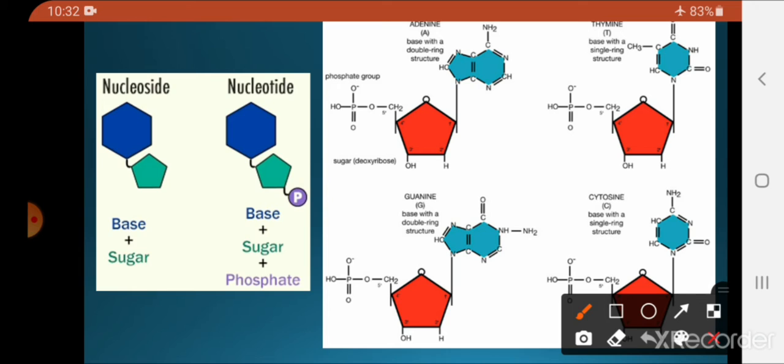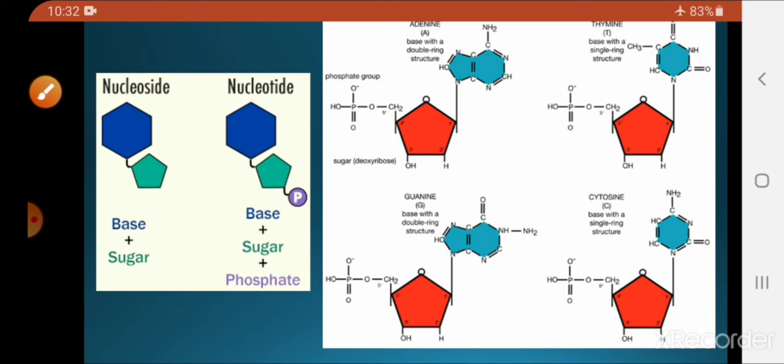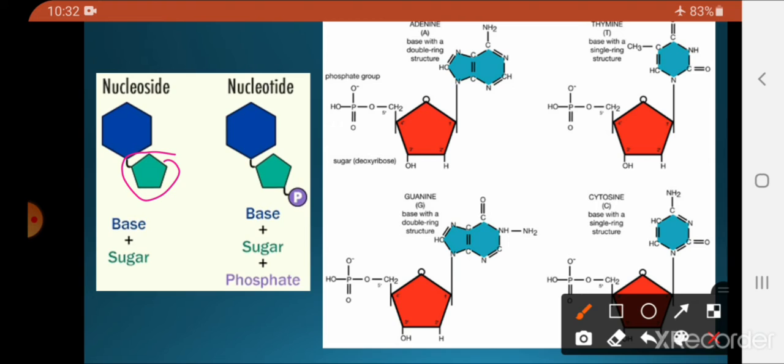See students, this is a nucleoside and a nucleotide. This is a sugar and ये sugar से nitrogenous base attached है, so it is nucleoside. And here to sugar, this is a nitrogenous base and this is phosphate, so this is called as a nucleotide.